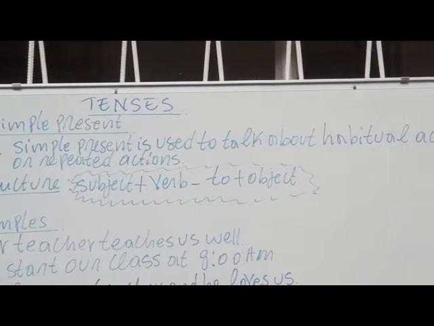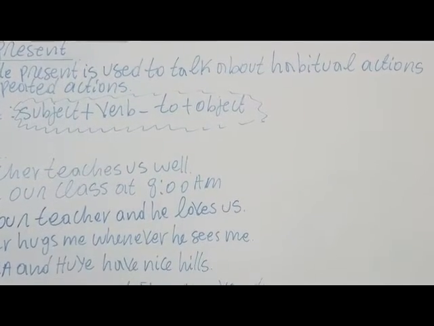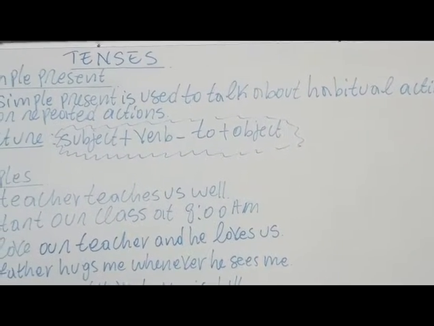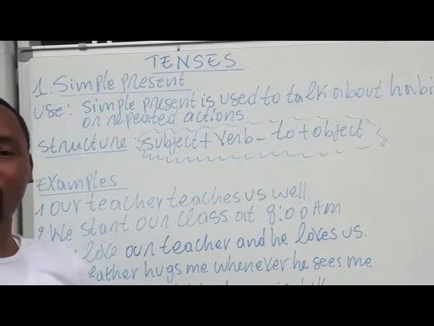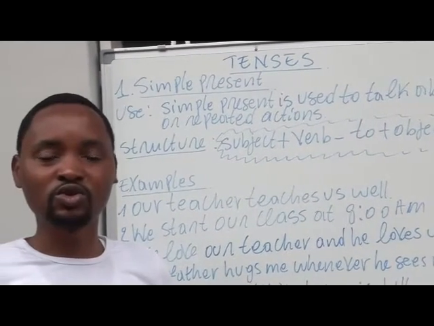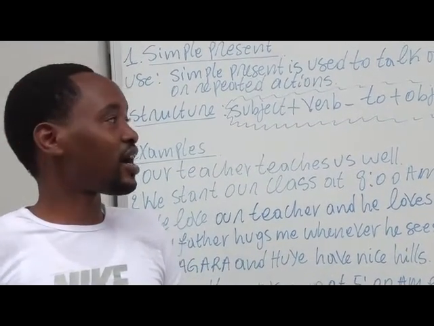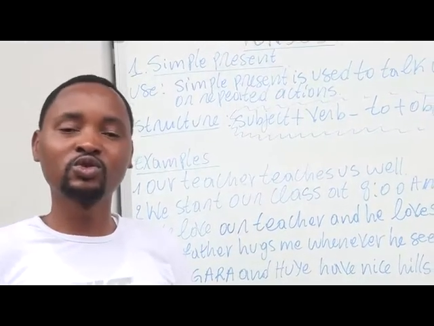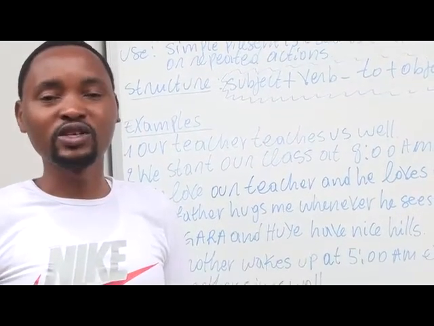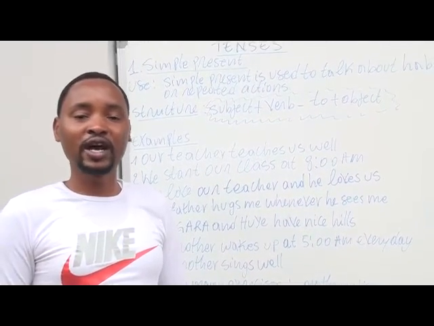If we say habitual actions, these are actions that we always do, or we do them most of the time. There is a habit of doing those actions. It's like our habit. We do them many times. We repeat them over a given period of time.